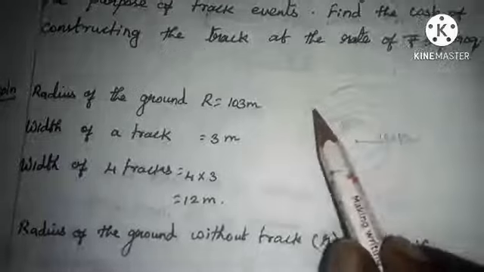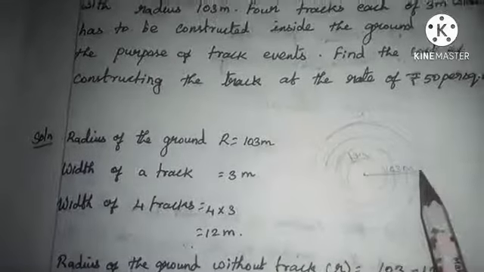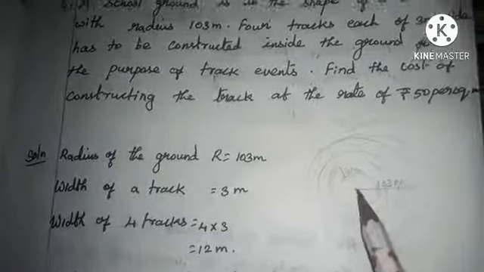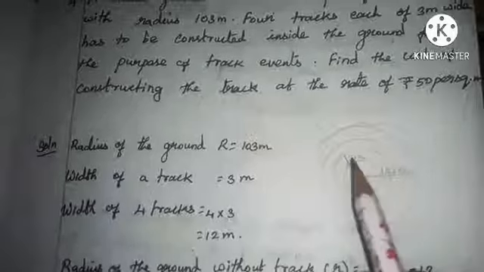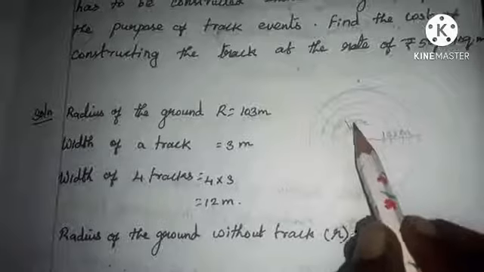Here the school ground is in the shape of a circle with the radius 103 meter. In this circular ground, they are going to form 4 tracks. The width of each track is given as 3 meter.